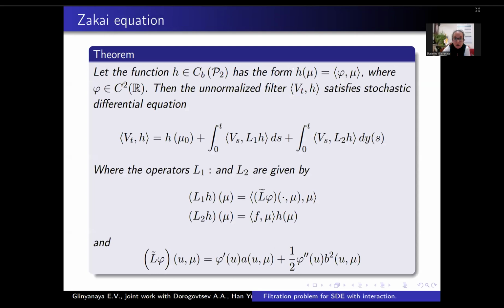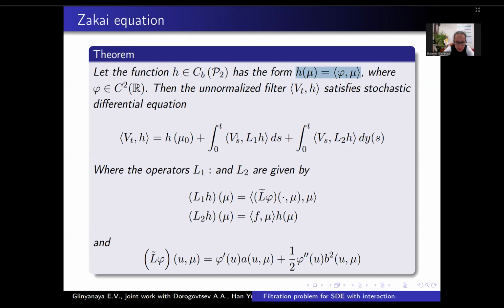So for the case when h of mu is just the integral of some function phi with respect to measure mu, the unnormalized filter will satisfy the following stochastic differential equation.